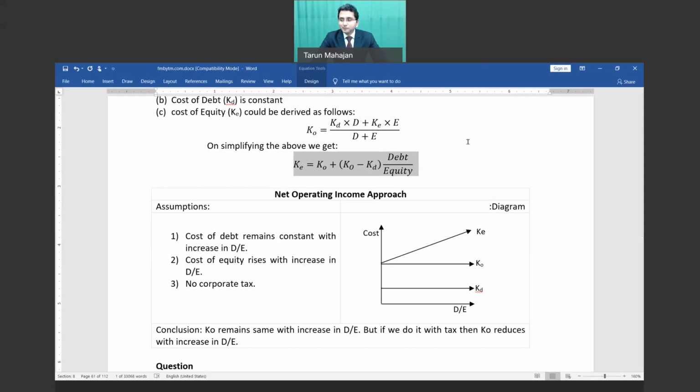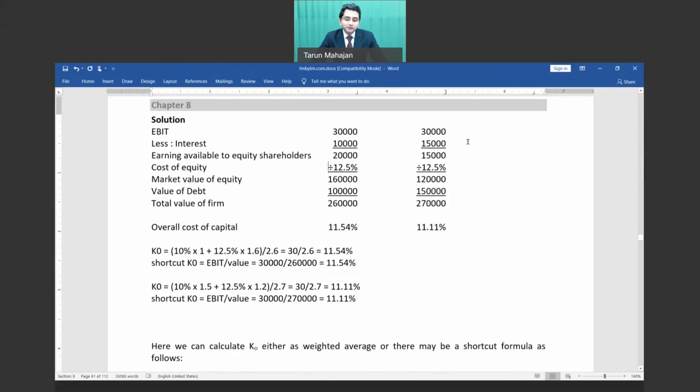So in the NOI approach, they have just reversed the process of the NI approach. They have assumed that the overall cost of capital will remain constant, and therefore now you can derive the new cost of equity. The steps for calculation are also just opposite.